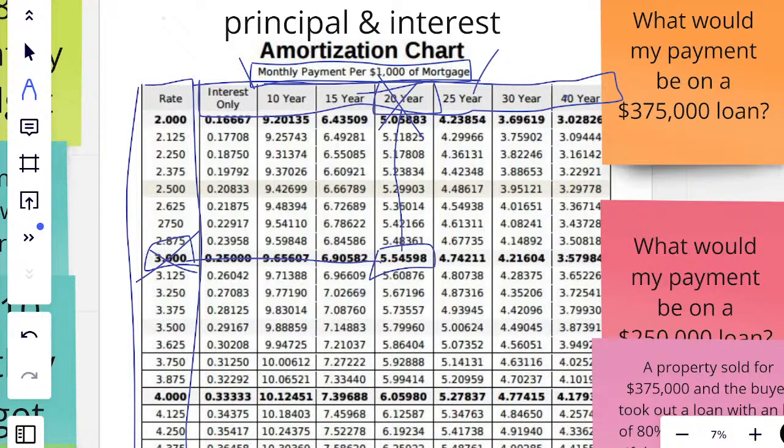I was approved for a 20-year loan at 3% for a $2,000 mortgage. So I was getting a $2,000 loan. How would you figure that out? Take a stab at that. What would you do? And I want to see.